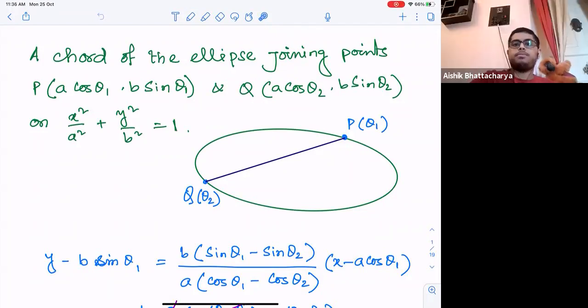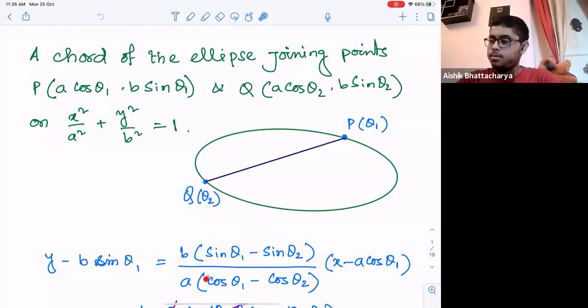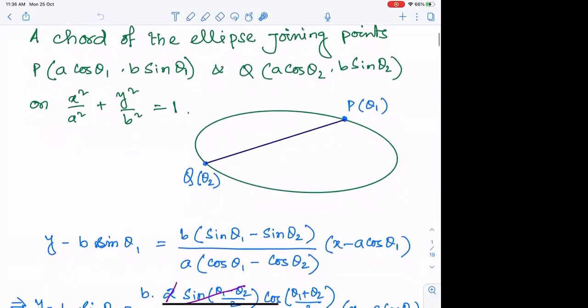Yes, sir. So that means we are now looking to have a representation in such a way that the sum or difference of the eccentric angles can be capitalized on the basis of given information. The lone way to start in that direction is those differences: sin theta 1 minus sin theta 2 can be factorized, and cos theta 1 minus cos theta 2 can also be factorized.